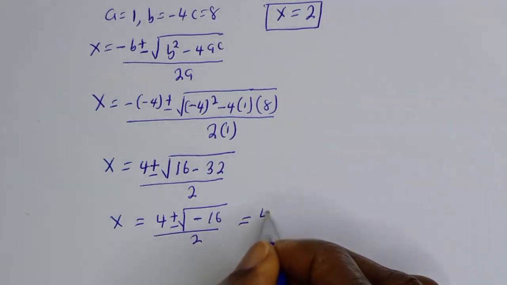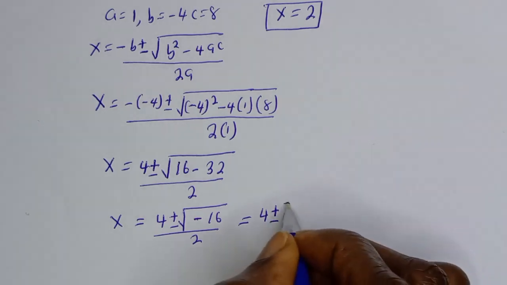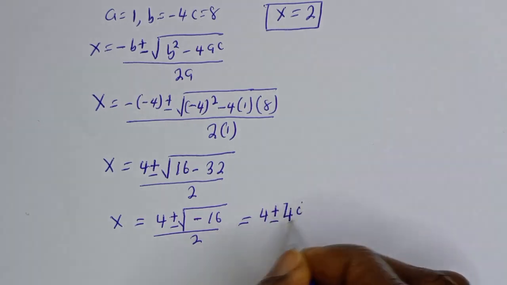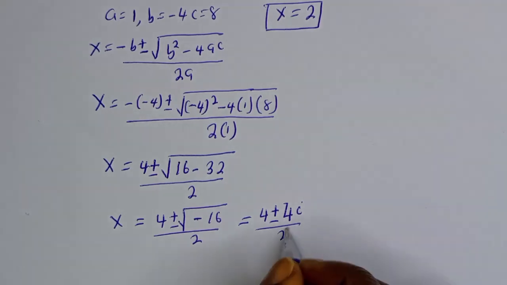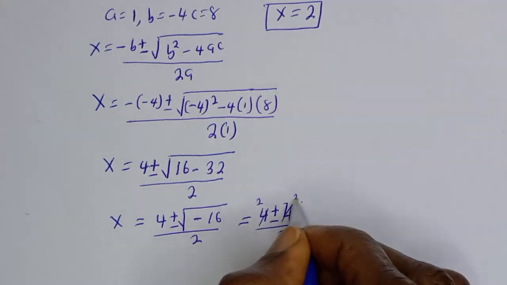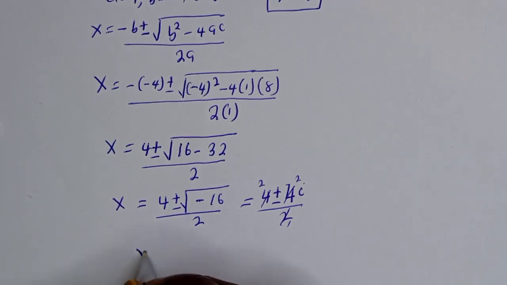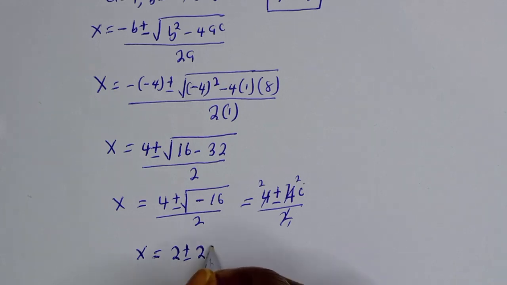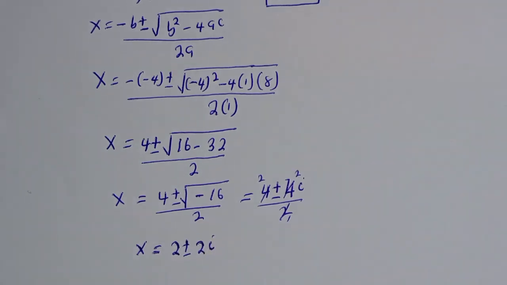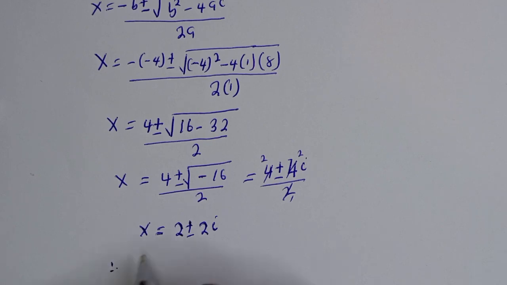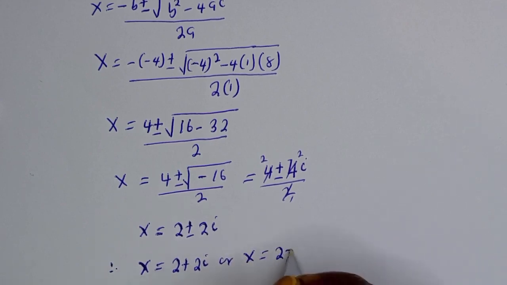Then this is equal to 4 plus or minus 4i over 2. Then 2 here 1, 2 here 2, 2 here 2. s is equal to 2 plus or minus 2i. Therefore, s is equal to 2 + 2i, or s is equal to 2 − 2i.